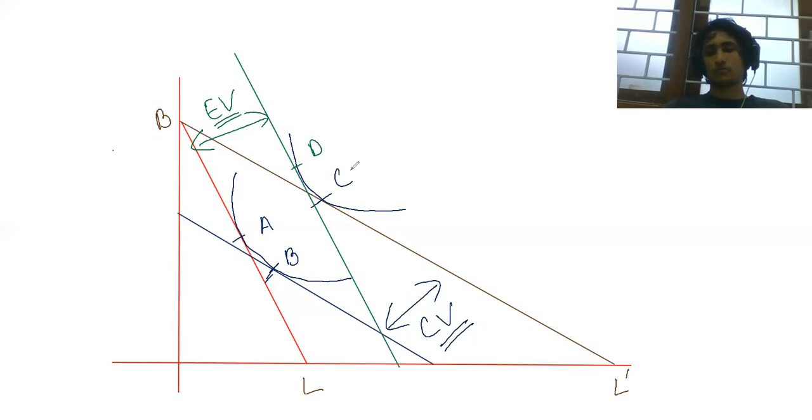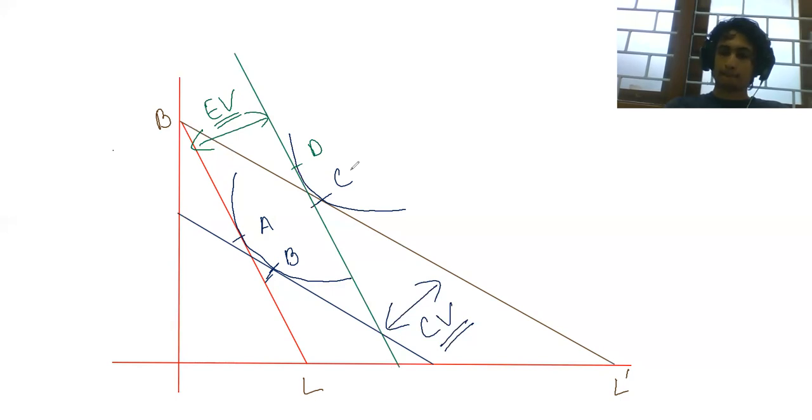Compensating variation is exactly the money income that has to be taken away from the consumer so that he is on the original utility. Equivalent variation is the amount of money income that has to be given to the consumer so that at the old prices itself he is able to achieve the new utility.